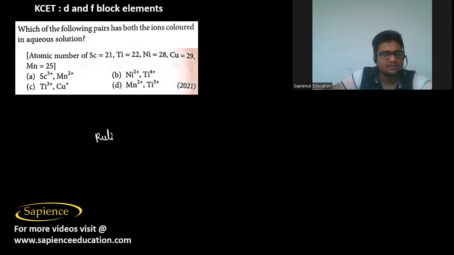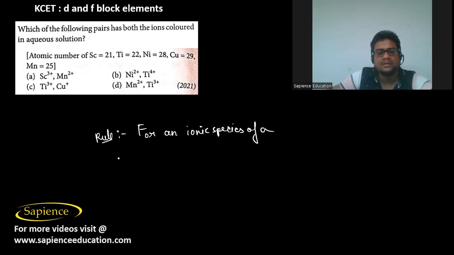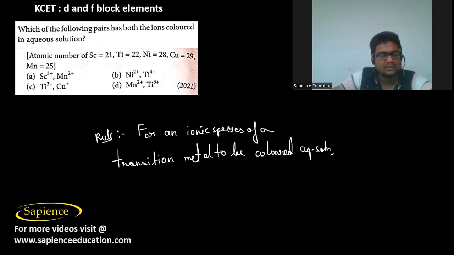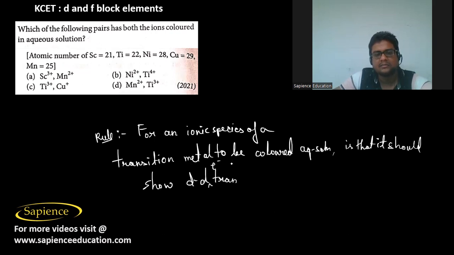So here the rule is that for an ionic species of a transition metal to be having colored aqueous solution, it should show dd electronic transition.